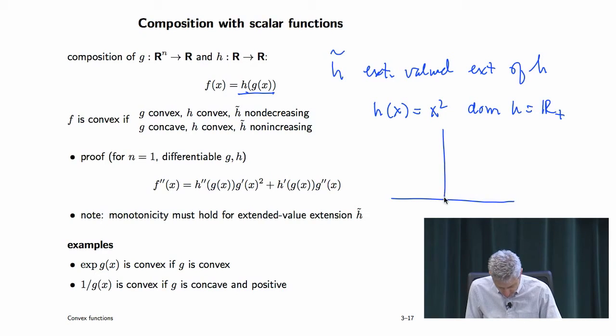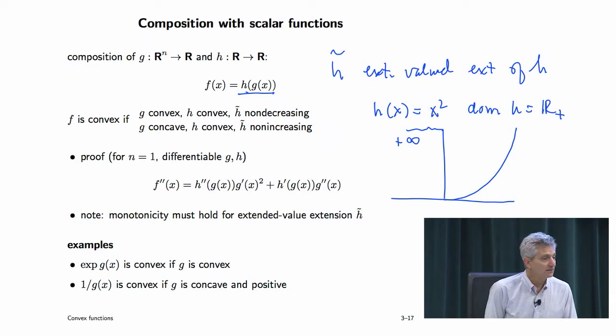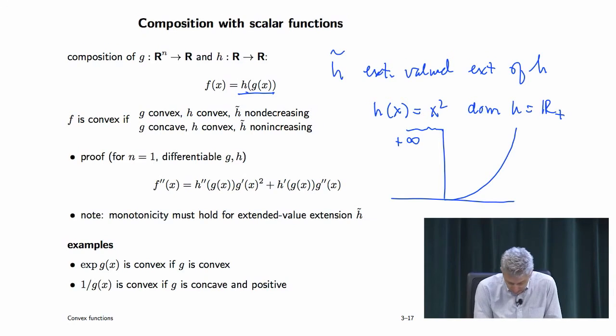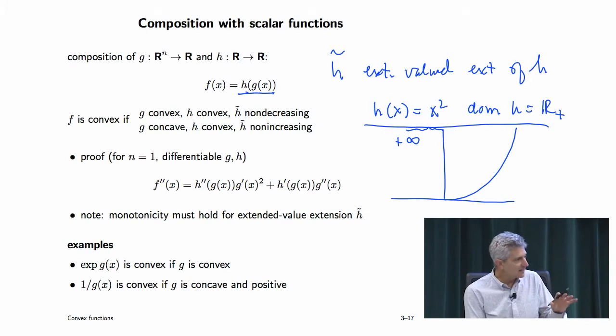I'm just going to draw it as a diagram. It goes up here to plus infinity. And so the point is, that is not an increasing function. In fact, you can see it goes from plus infinity down to 0. And if I compose this function with something like x minus 1 squared, the conclusion is wrong. You get a function that is not convex. So these are details, but they're actually important ones.